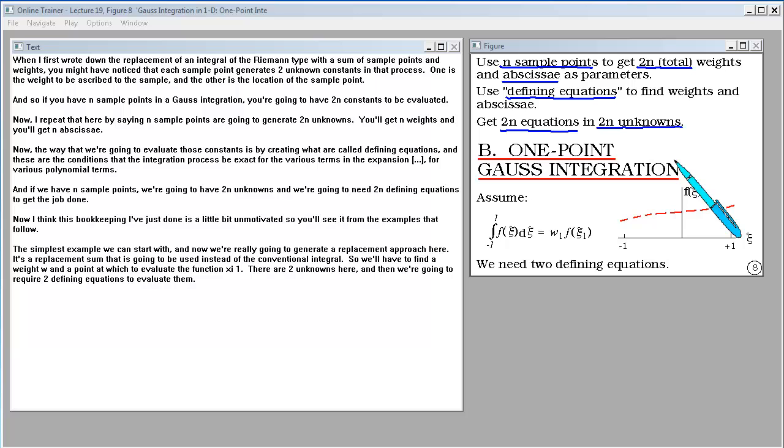The simplest example we can start with, and now we're really going to generate a replacement approach here. It's a replacement sum that is going to be used instead of this conventional integral. So we'll have to find a weight, w, and a point at which to evaluate the function, xi1. There are two unknowns here, and then we're going to require two defining equations to evaluate.